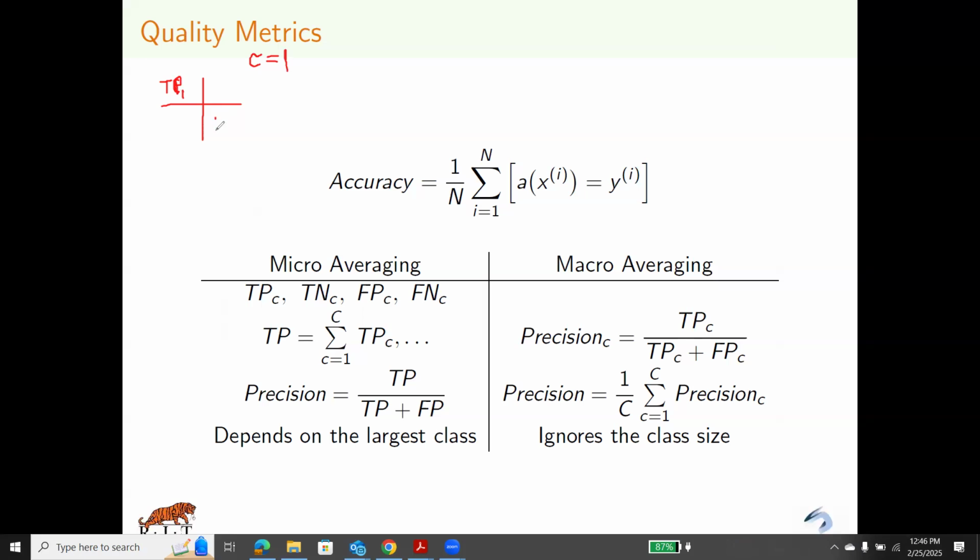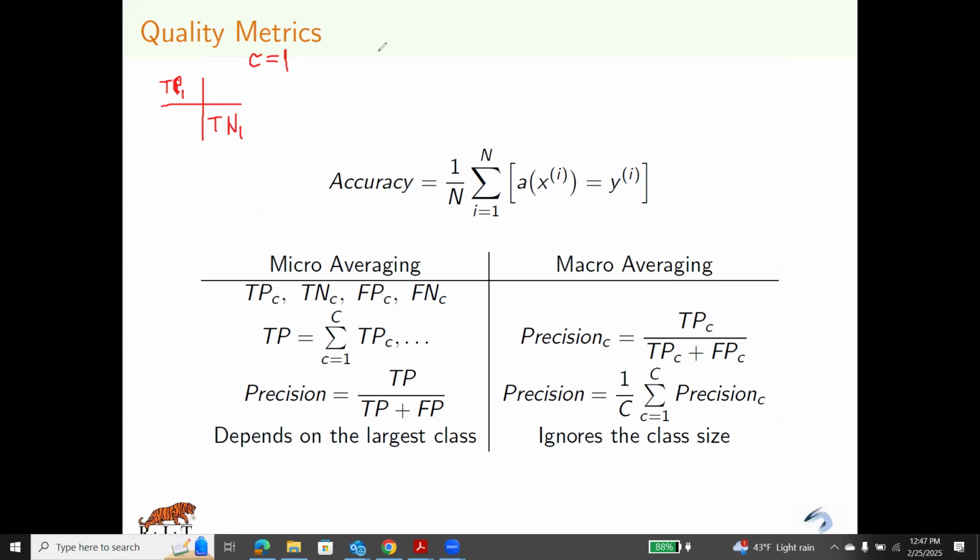By true negative, we will mean all the points that our model classified as a different class. It doesn't matter which one, but not class 1. And the label of that point was also different from 1. So this is how we use the binary idea for multi-class classification, and we will call this true negative 1.